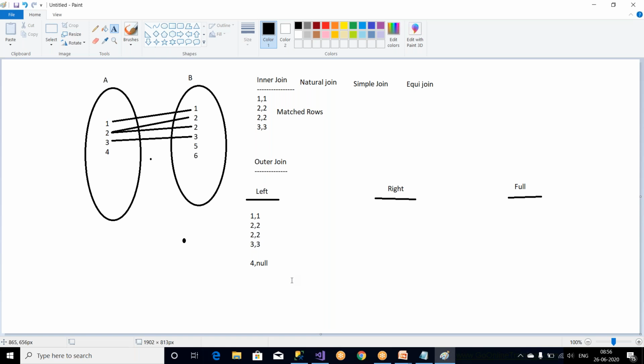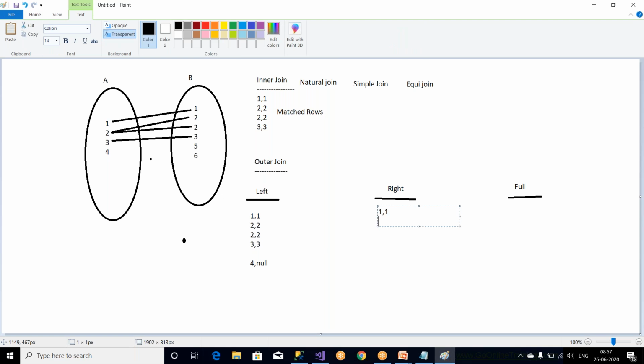Clear? Outer join is always going to have more rows, because inner join gives you only matching data, while outer join gives you matched data plus unmatched data. So outer join is always bigger than inner join. If you want the right join, it is always inner join plus the unmatched data from the right data set.